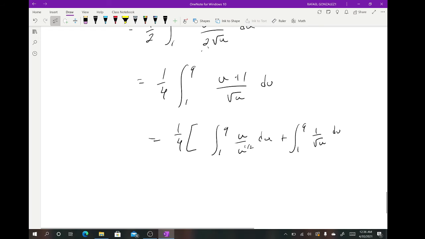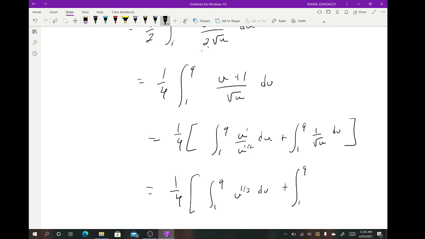So this should work. So this is 1 over 4th. This integral right here, first of all, you could rewrite. Let me rewrite it first. This is going to be u to the 1/2 because 1 minus 1/2 is 1/2, du, plus the integral from 1 to 9, and this is u to the minus 1/2 here, du.